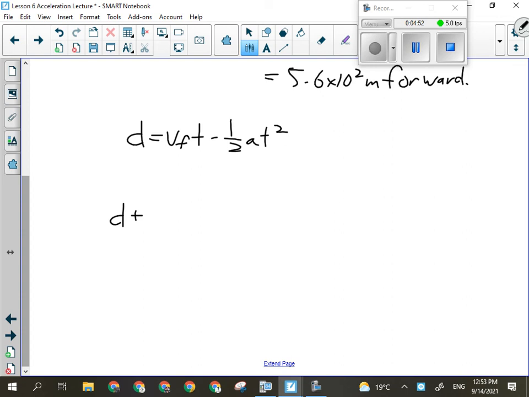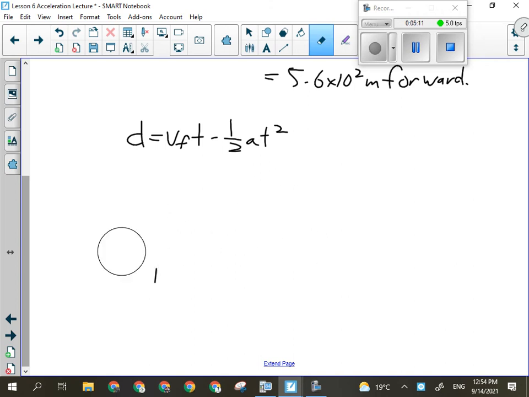So I'm going to have D plus 1/2 AT squared equals VF times T. How do I get VF by itself? Divide by T. Remember, that T does not cancel this one, because there's an addition or subtraction operation on top. There's my formula for VF.